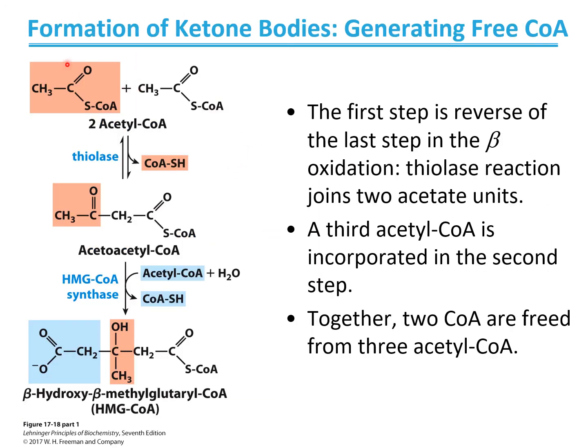The first step, starting from acetyl-CoA, will join two acetyl-CoA together via a thiolase. This is the reverse reaction of the last step of beta oxidation, when there's a release of acetyl-CoA.